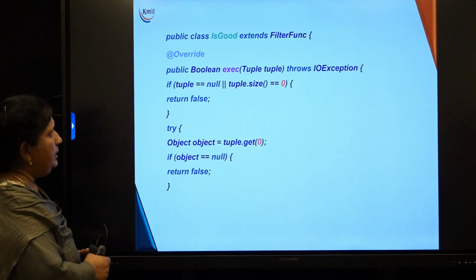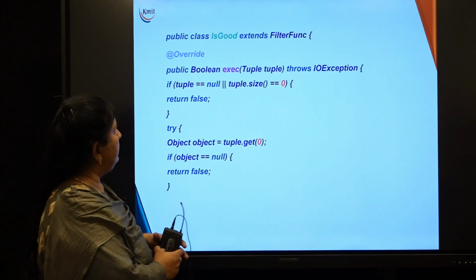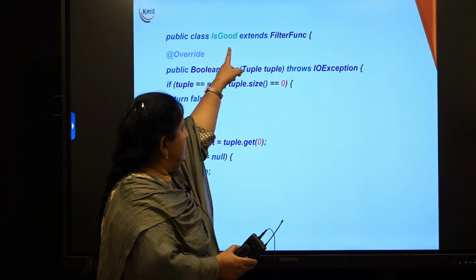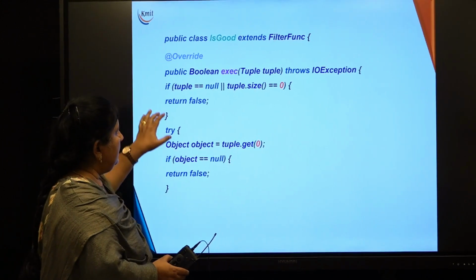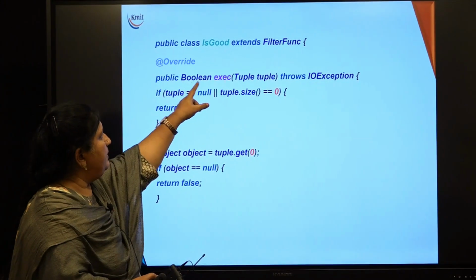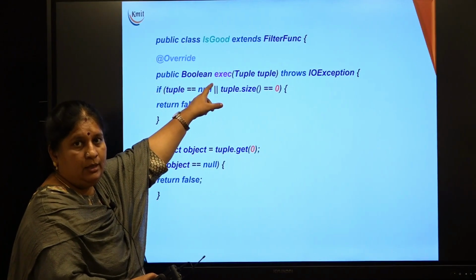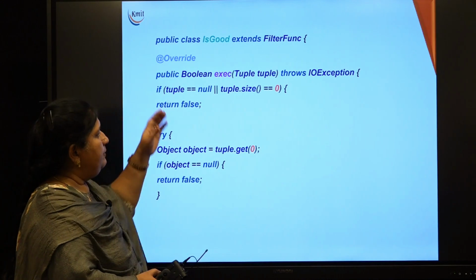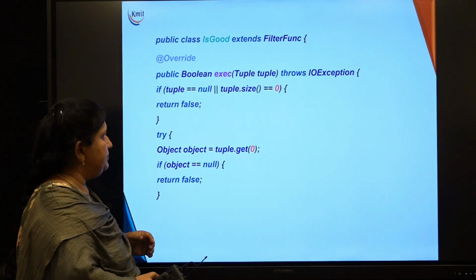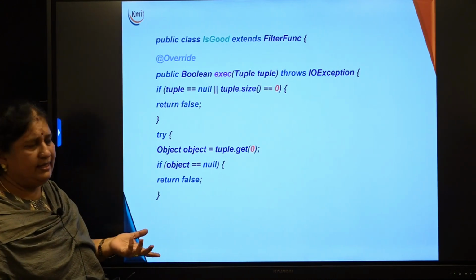Then try to see, we are writing the is good class, which extends the filter function class. In that you need to override a method called exec. Under user defined functions we have something called exec, which is likely to throw an IO exception because of the data set errors.